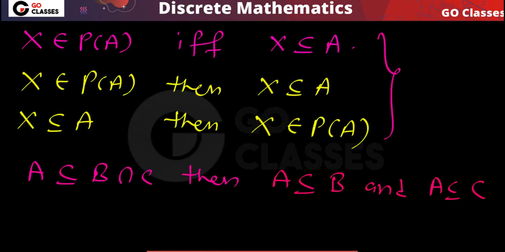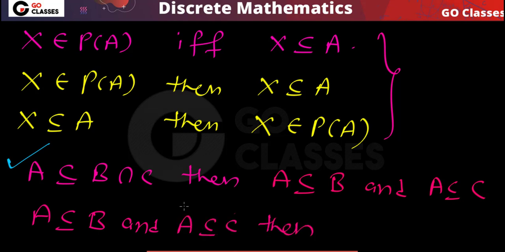So basically this result also we will use. Now the reverse direction: if A is a subset of B and A is a subset of C, it means every element of A is in B also, and every element of A is in C also.